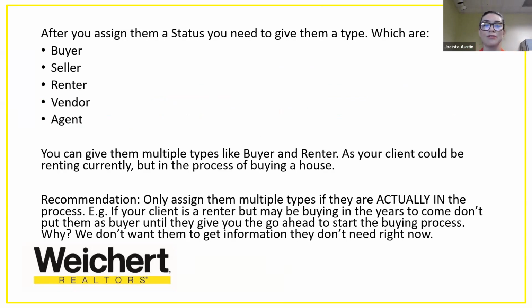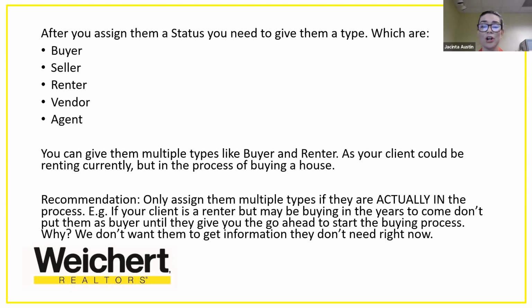Okay, also remember your statuses and what type you need to give them. So we've got buyer, seller, renter, vendor, agent. You can give them multiple types, like a buyer and a renter, as your client could be renting currently, but in the process of buying a house.